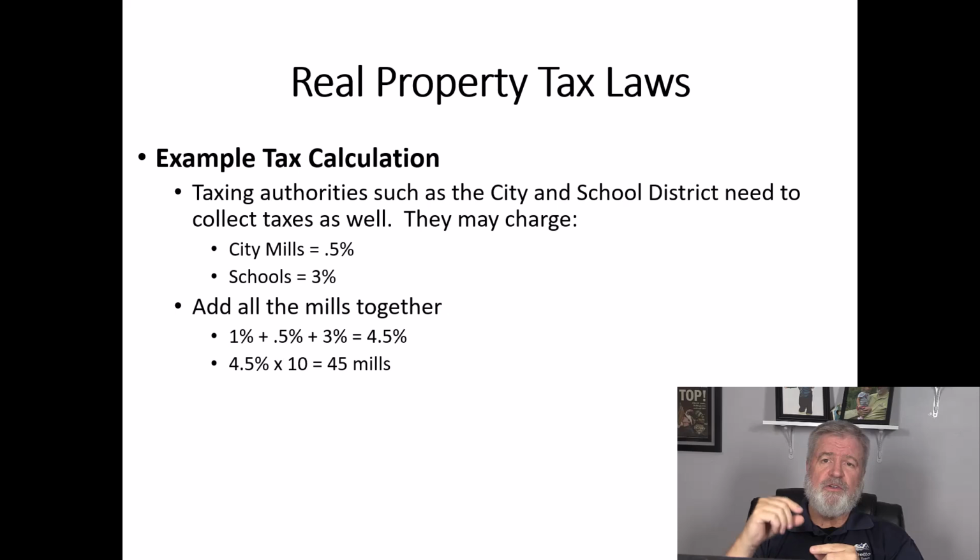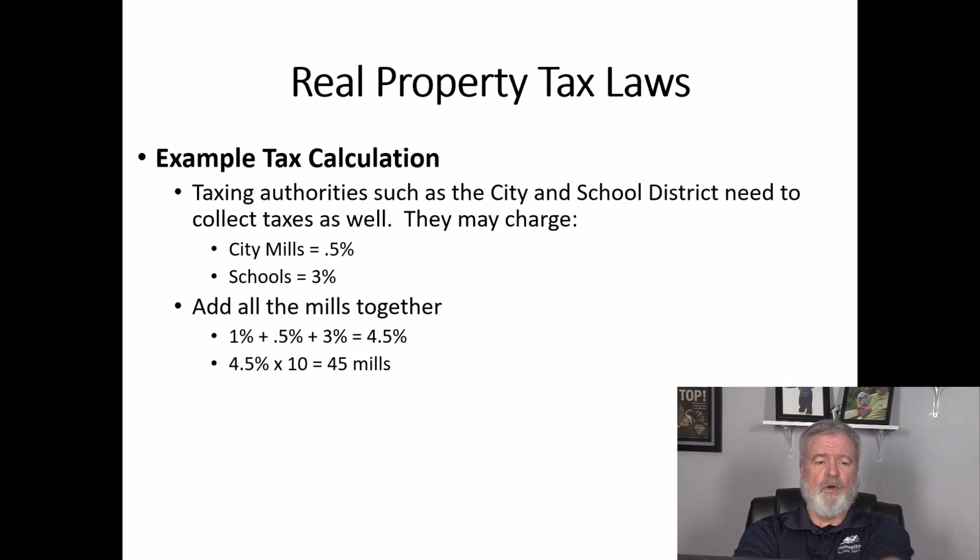But then we have to take each one of these percentages and add them all up. Remember the tax rate for the county we determined on the previous slide was 1%. Then we add the city mills at 0.5%, and the 3% for schools. If we add them all together, we come up with 4.5%, right? That's the tax rate. But then we got to convert the tax rate to mills. We need to come up with what we call the millage rate.